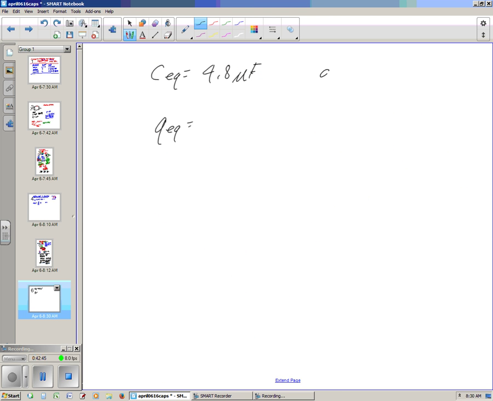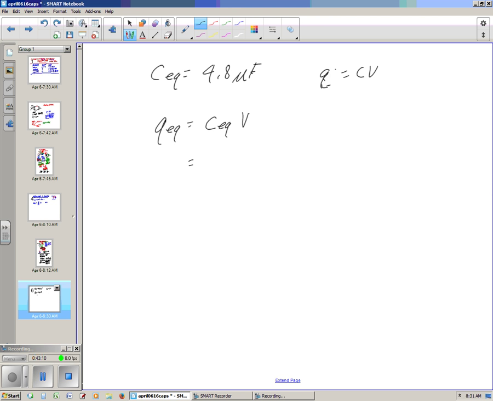Q equivalent, by the generic equation, Q equals CV. Oh, my pen's dying again. Q equals CV. The C is going to be C equivalent. The V is going to be the voltage across that equivalent capacitor, which is just 6 volts. So it's across the whole thing, not across an individual one.